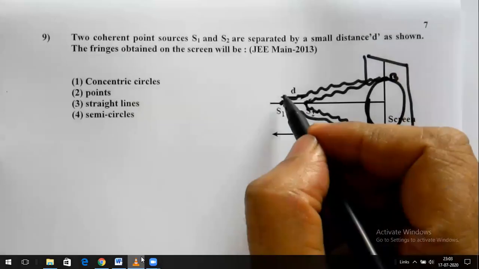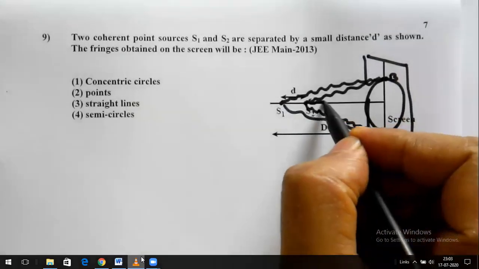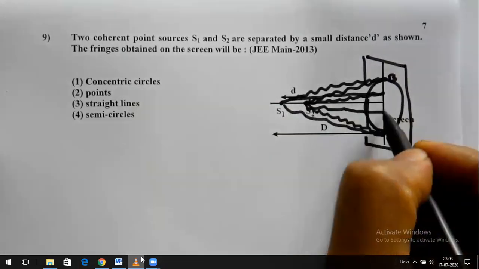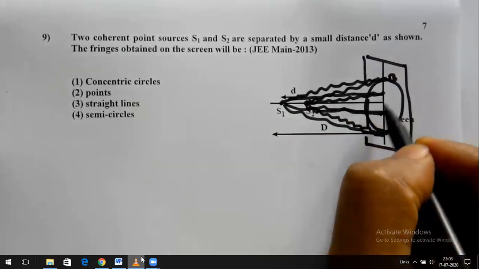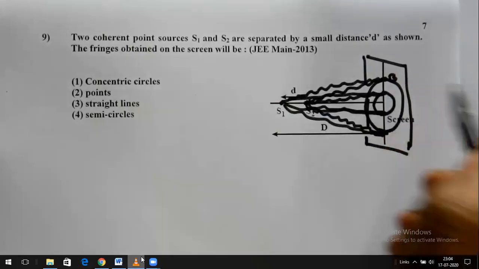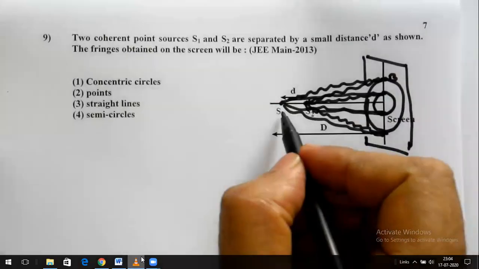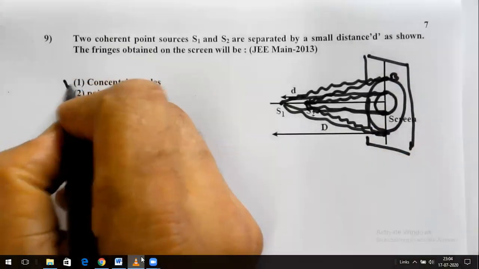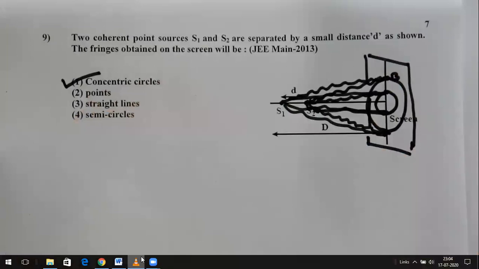Similarly, suppose the waves starting from here and here meet here, again they produce another bright fringe, and such patterns will be produced in a circle. So if the sources are in a linear fashion like this, then the fringes are in circular pattern, option 1.